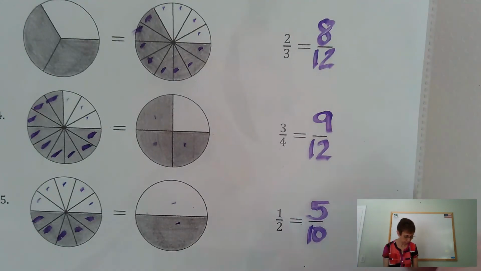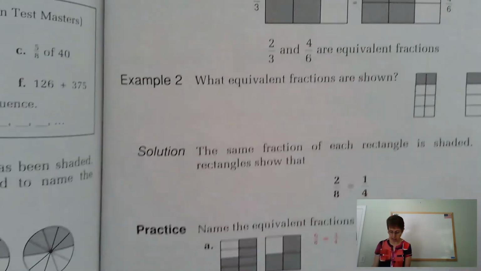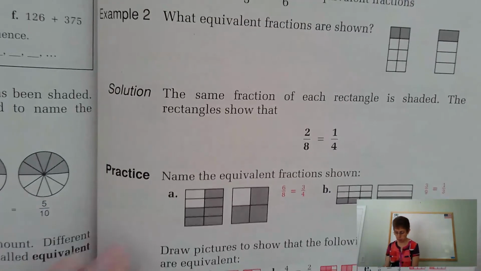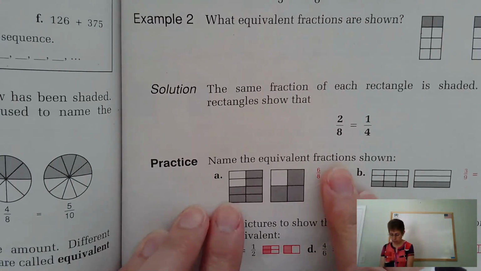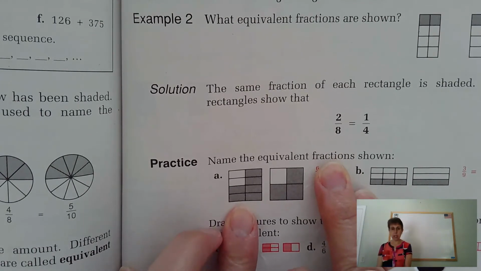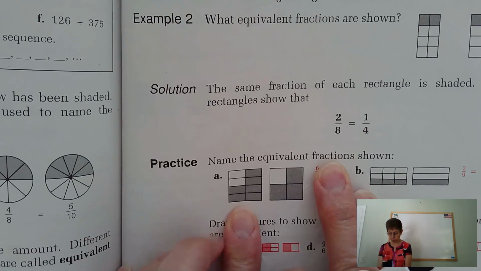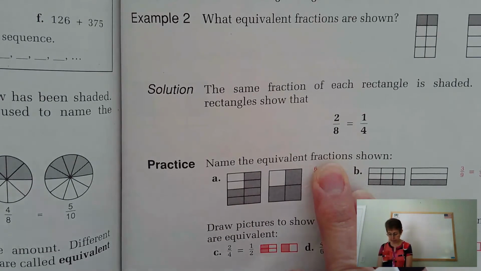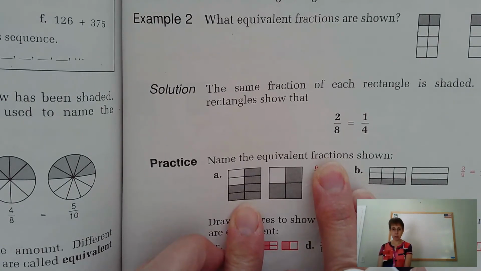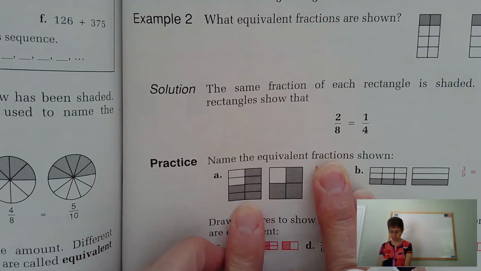Okay. All right. Your practice down at the bottom of page 423 in your math book asks you to name the equivalent fractions shown, and you can see in the first example you have a rectangle that is divided up into 8 equal pieces. 6 of those pieces have been shaded in, so that's 6/8.